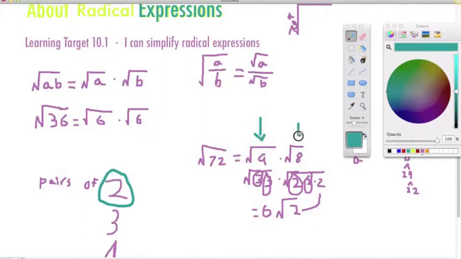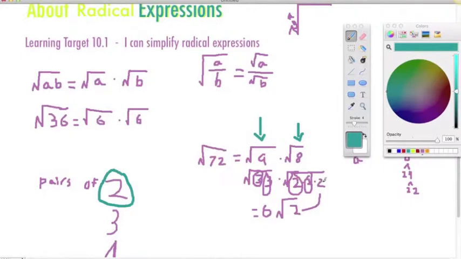We could break this down even further. 9 is a perfect square, 3 times 3, so that's what we have right here. 8, also a perfect square. What? No, sorry, it's not. It's not a perfect square. My mistake. It's 2 times 2 times 2.